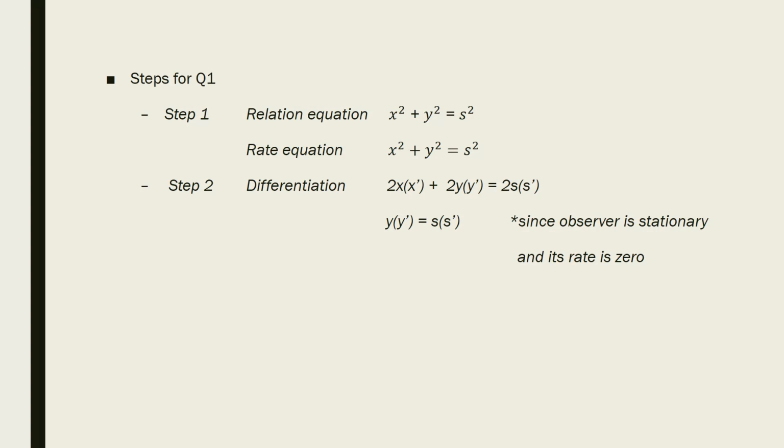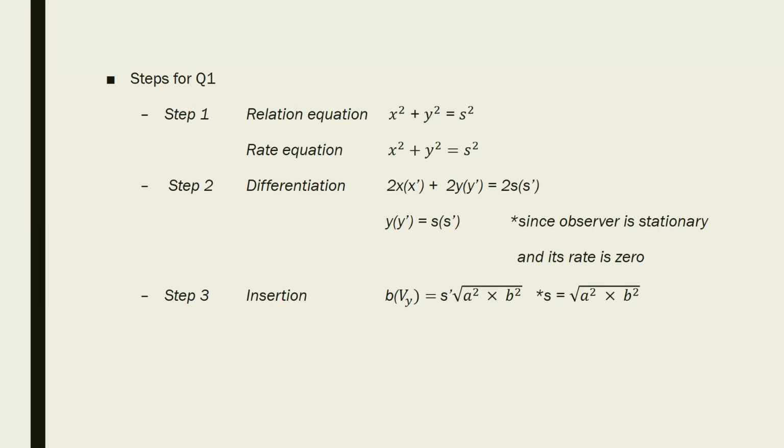It results in 2x x prime plus 2y y prime equals 2s s prime. Since the observer is stationary and its rate of change, x prime, is 0, the result is y prime equals s prime.